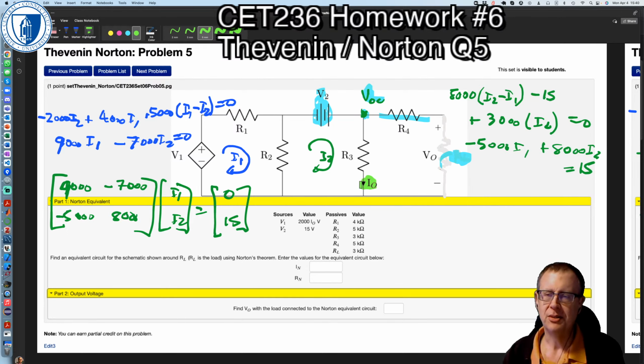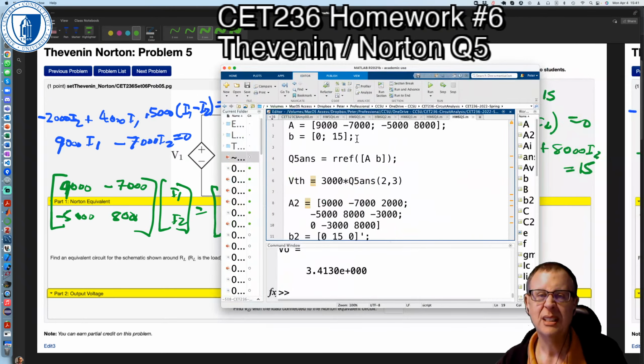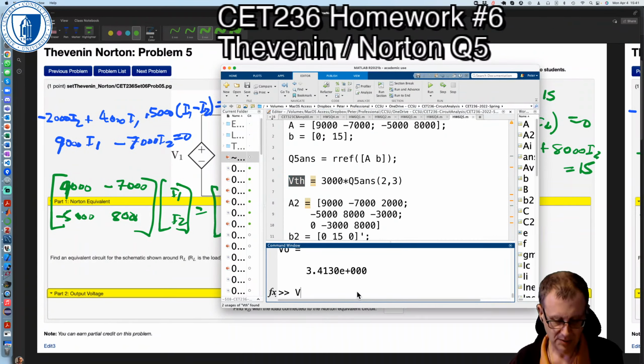And that comes down to minus 5000 I1 plus 8000 I2. And we can put that into a matrix like that and get our answer for the Thevenin voltage, right? So of 10.95 volts.